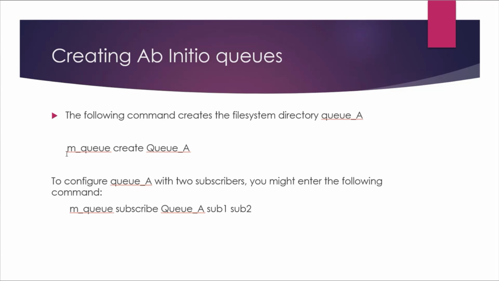Now understand one more thing. Let's say you have 5 graphs, and all these 5 graphs are reading data from the same queue called qa.